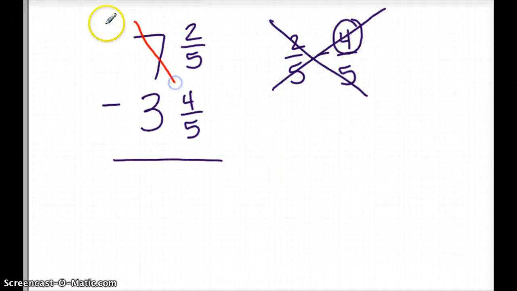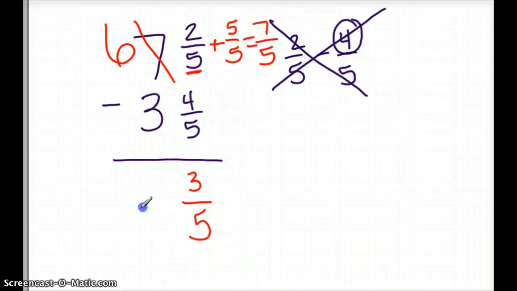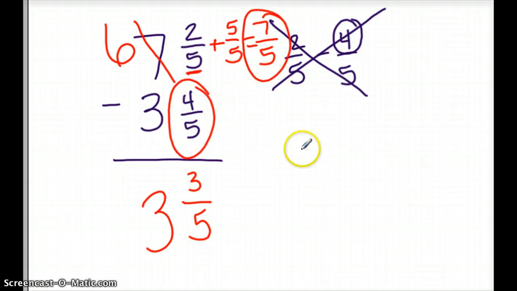My 7 becomes a 6. I add 5/5. So 2/5 plus 5/5 equals 7/5. 7/5 minus 4/5 is 3/5. 6 minus 3 is 3. So I take my new number and the bottom number and subtract.